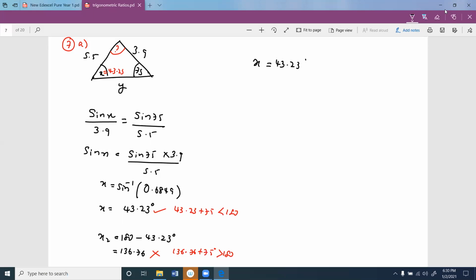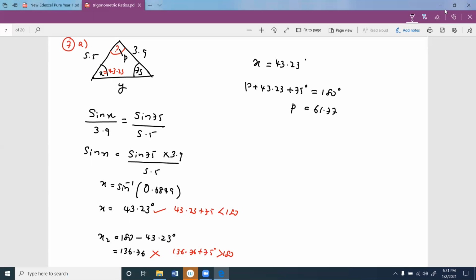I'll label this angle as P. Then you can say P plus 43.23 plus 75 is equal to 180. With that you get the answer for P, which is 61.77.